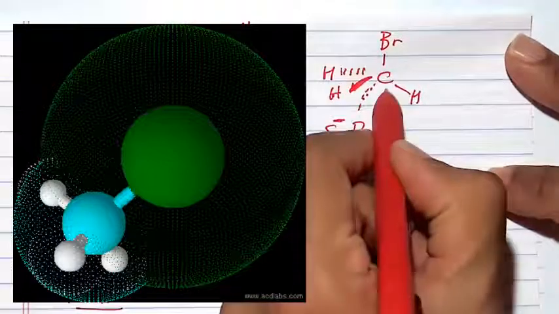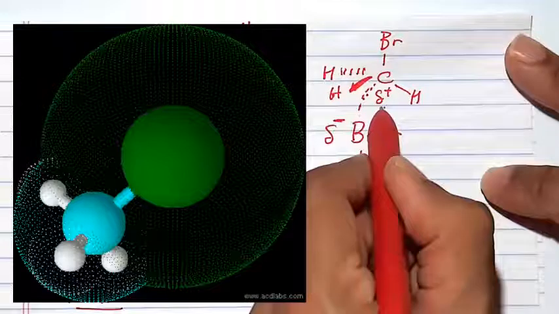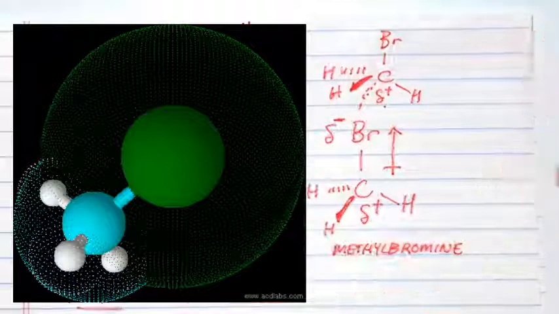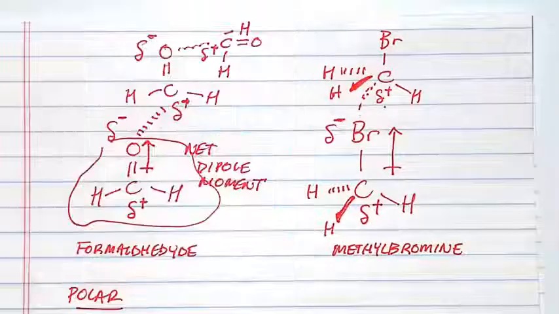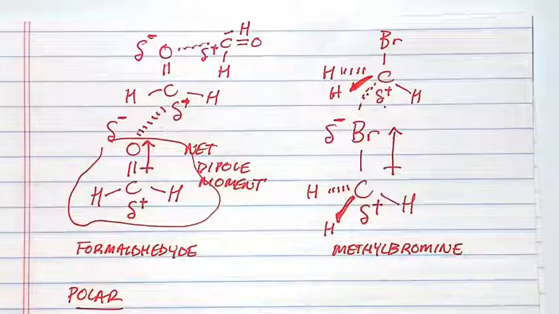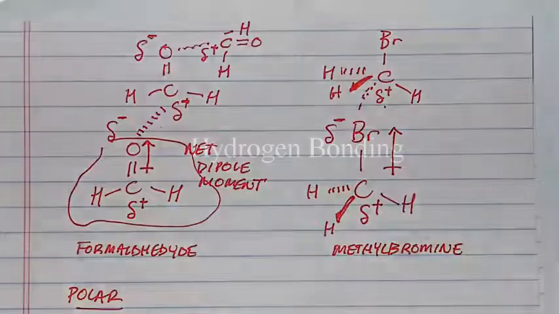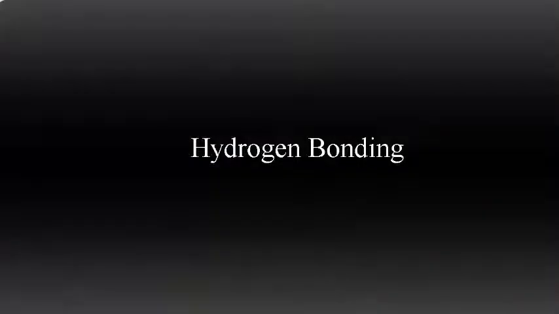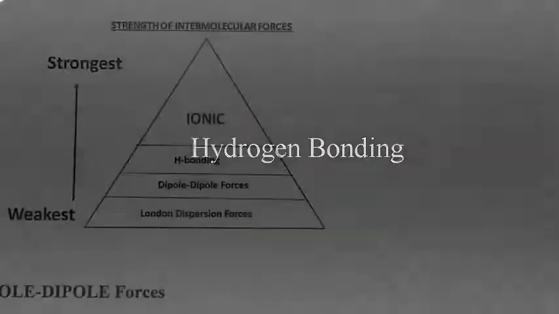You have a partial positive with a partial negative interaction. So that's a strong interaction, definitely much stronger than van der Waals forces, also called London dispersion forces, which, as we've mentioned before, result in just a very weak intermolecular interaction as the electron clouds are constantly moving.